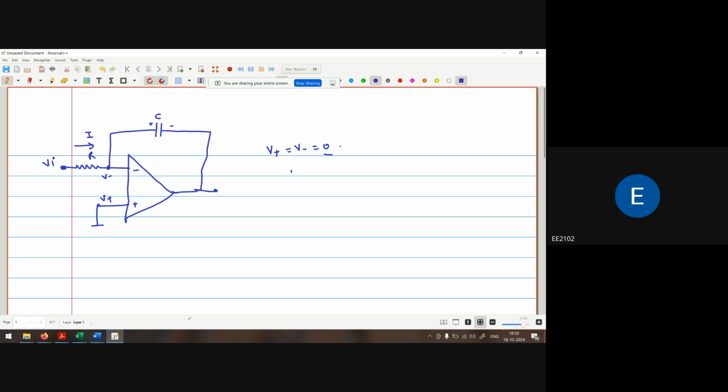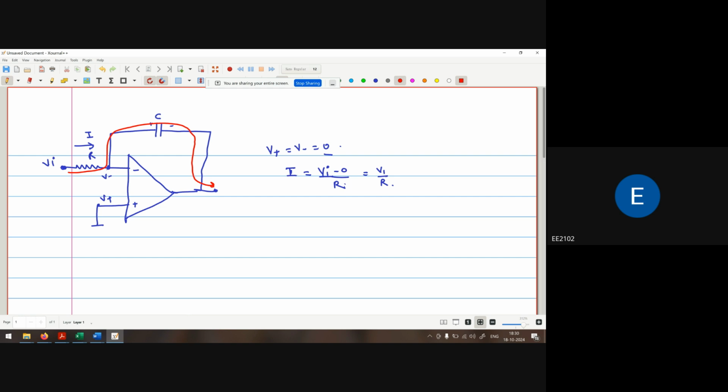So what is the value of I? I is equal to V1 minus V minus upon R. V minus is 0, so I is V1 minus 0 upon R, that is V1 upon R. Now the current coming through this R will go this way.